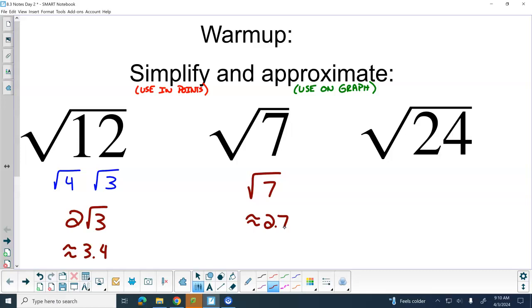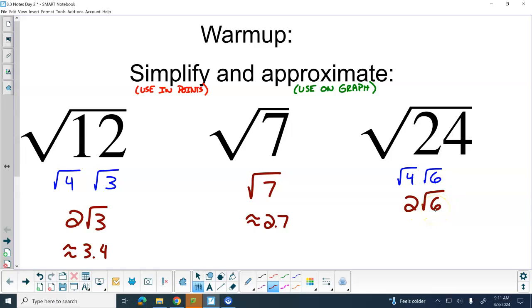Okay. Square root of 24. What does it simplify to be? What do you got? Simplify first. 2 square roots of 6, because it's 4 and 6. So that simplifies to be 2 square roots of 6.